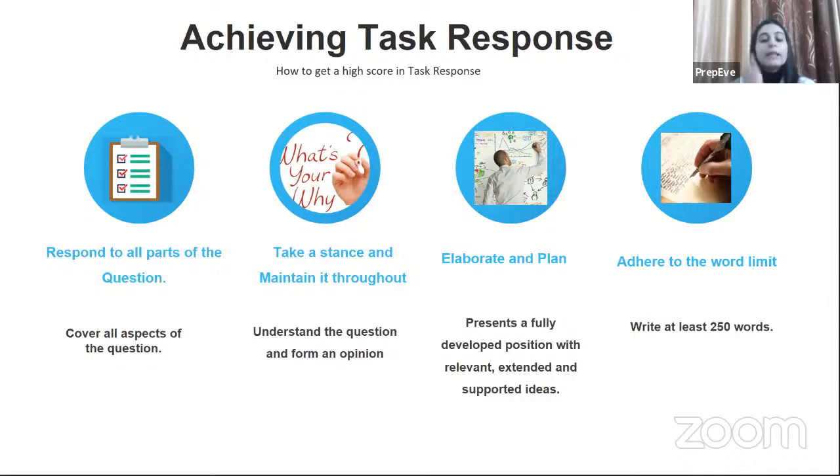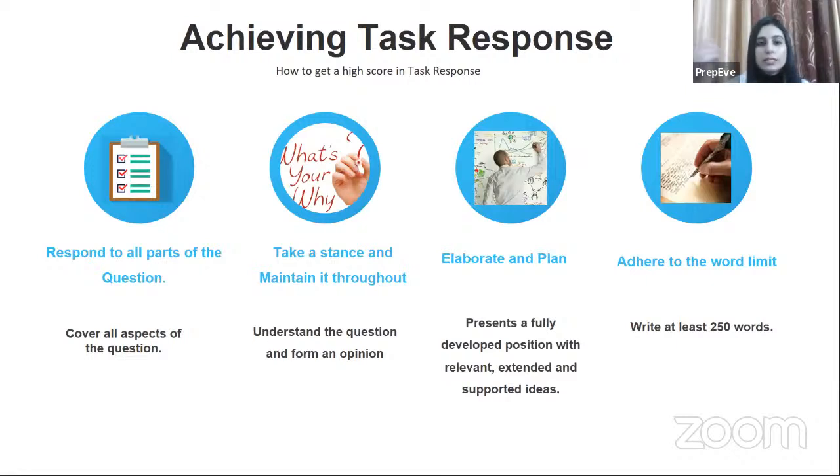Then the next one is elaborate and plan. Elaboration is really important. You have to present a fully developed position with relevant, extended, and supported ideas. As mentioned in the previous slide, you also have to write supporting statements. You have to support them with examples or surveys so that the examiner understands what you think.